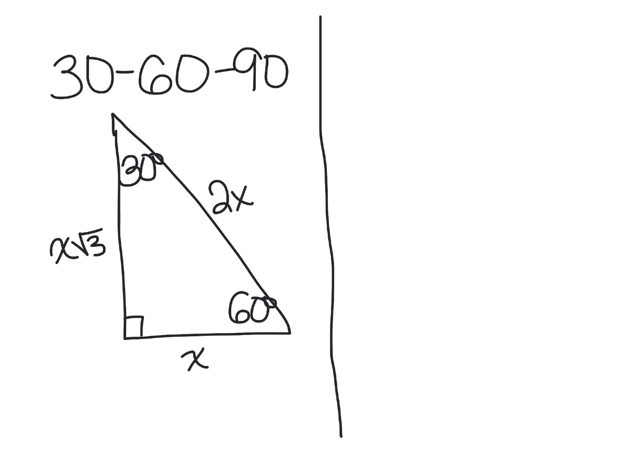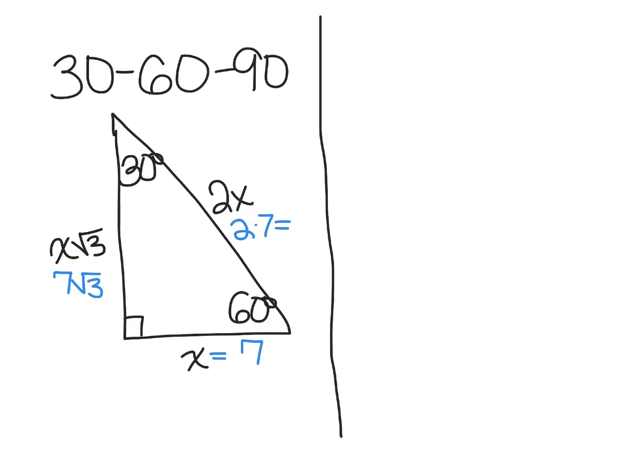So let me give you a real quick, easy example here that we could look at. Let's say that x has a value of 7. Well, then the side opposite from my 60 degree angle is going to be 7 times the square root of 3. And then my hypotenuse would be 2 times 7.